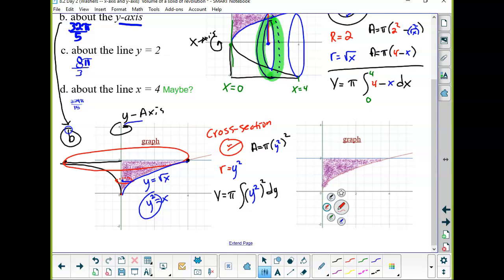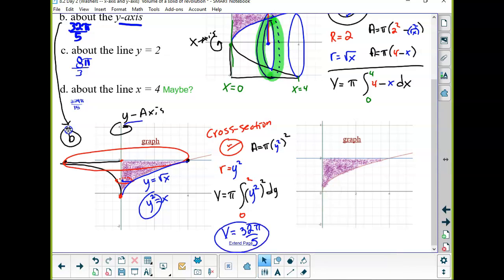The bounds have to be in terms of y. What's the lowest y value I get? 0. What's the highest y value we get? 2. And then when you calculate that, your answer should be 32 pi over 5. If you can confidently say that you're good with part A and B, you're in a really good spot right now.